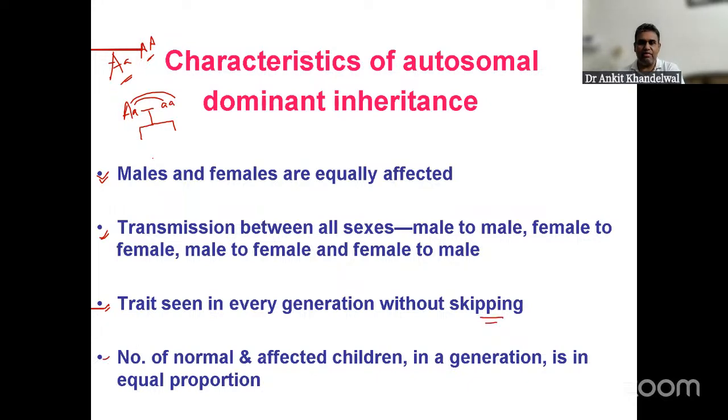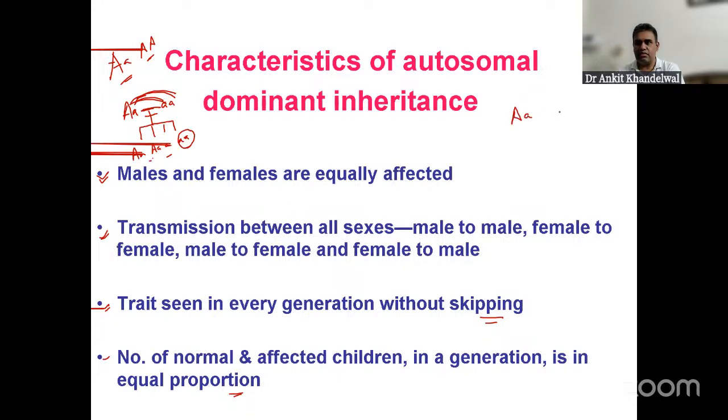The number of normal and affected children in a generation is in equal proportion. For example, let us point out here: you have this, and you have double A. So the number of affected and non-affected is 50-50. This double A is normal. Let me point it out in a separate way.